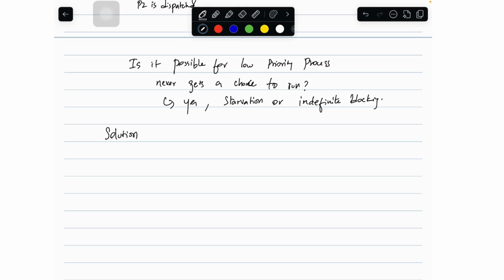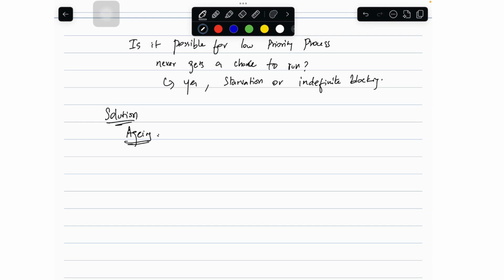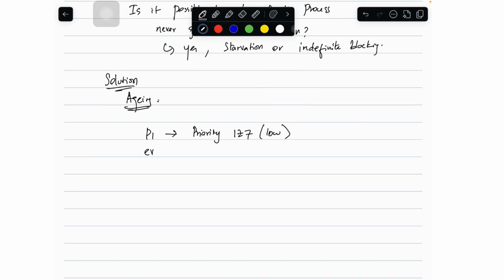So what we have is a solution. It's called aging. Aging gradually increases the priority of the process based on the waiting time in the system. Let's say P1's priority is 127, which is the lowest priority.